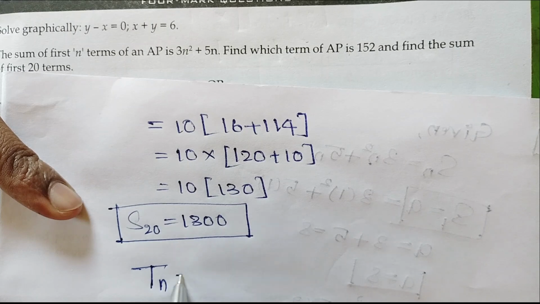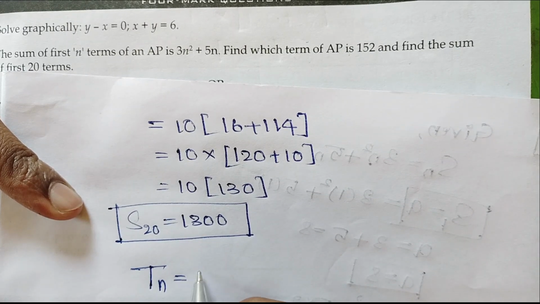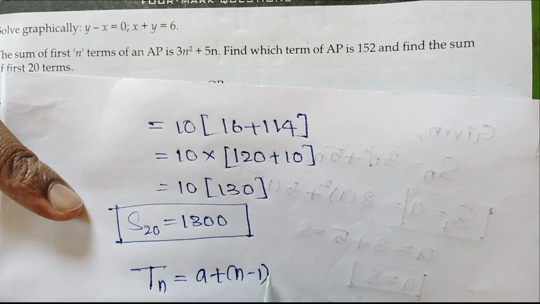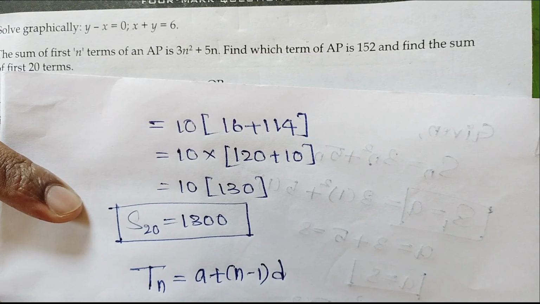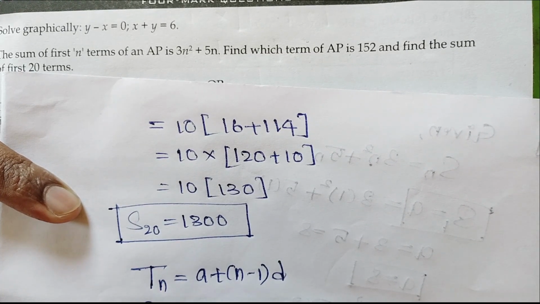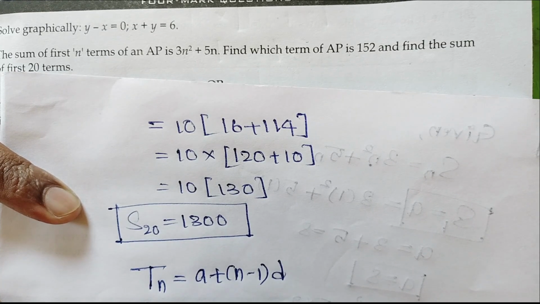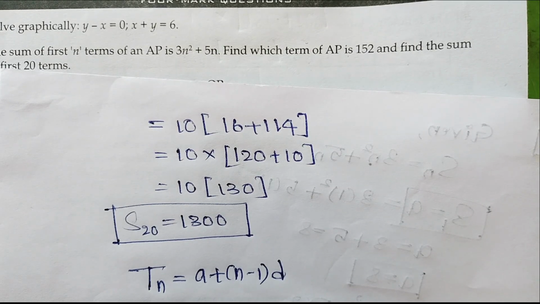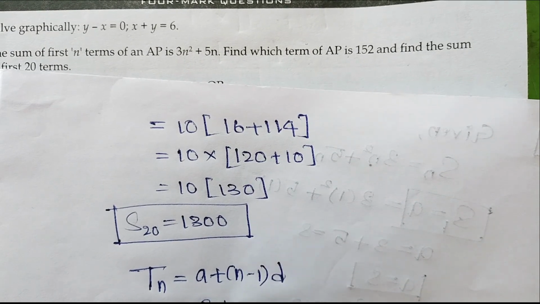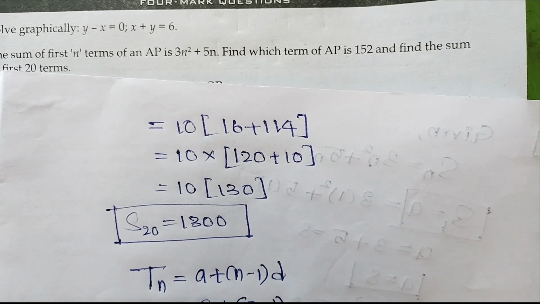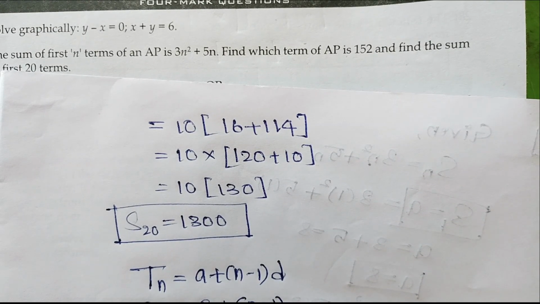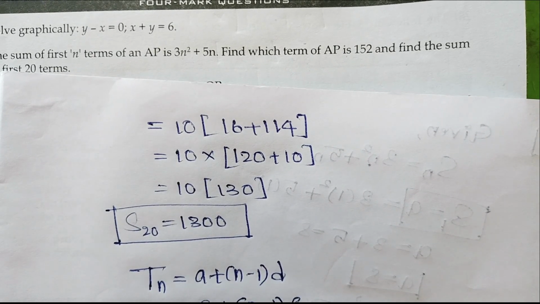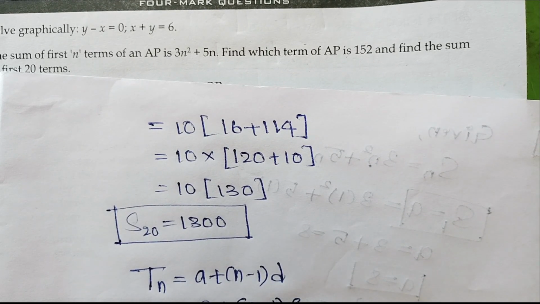We know Tn is given by a plus (n minus 1) into d, and here it is 152, which can be written as 8 plus (n minus 1) into 6. So 152 minus 8 becomes 144.